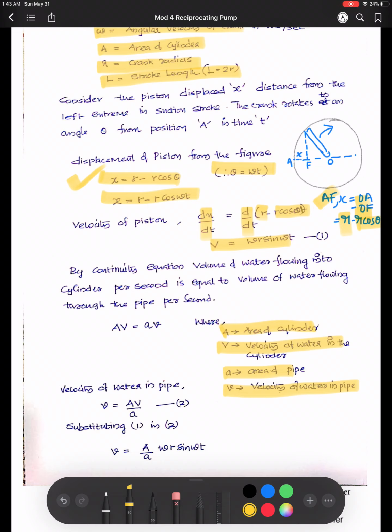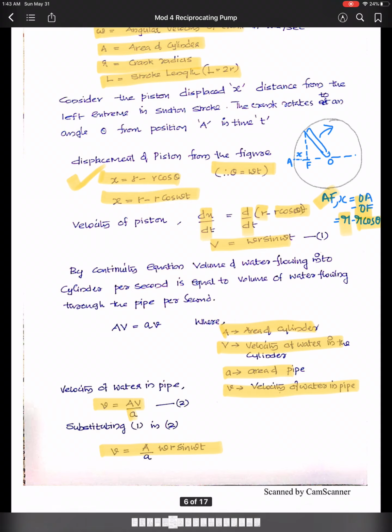Now velocity of water in the pipe can be given as small v is equal to AV by a. We'll substitute this in equation 2. Substitute 2 in 1 and we'll get small v is equal to A by a r omega sin omega t.